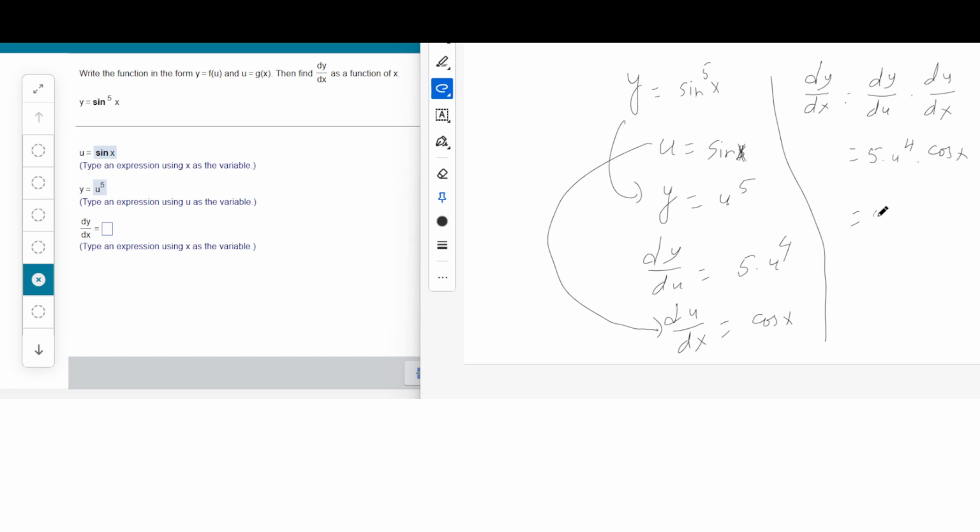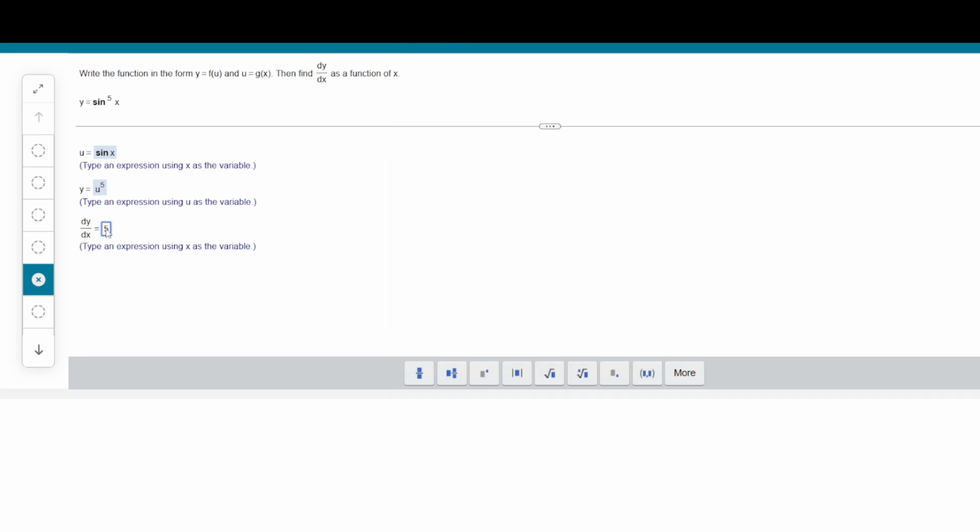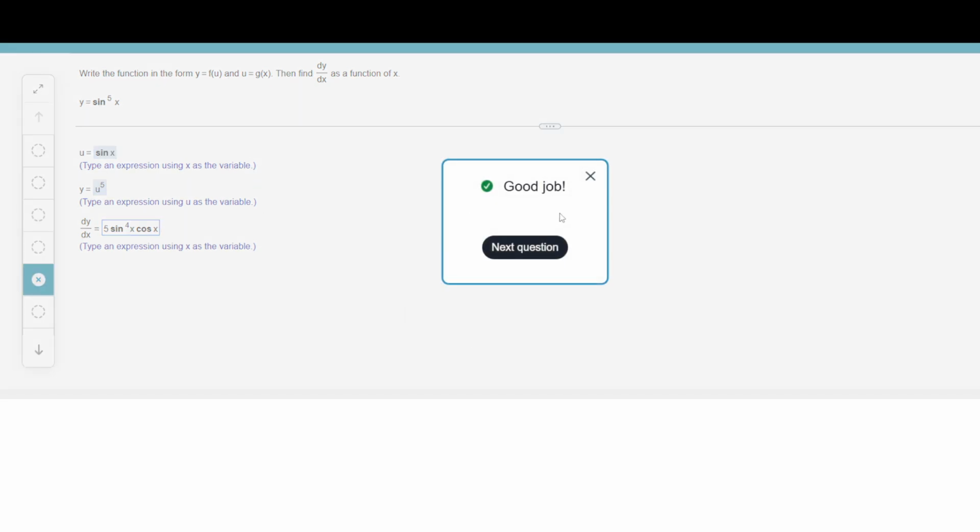So just replace the value of u, which is sine x: 5 sine to the power 4 of x, cosine x. So that's our final answer. That is the answer.